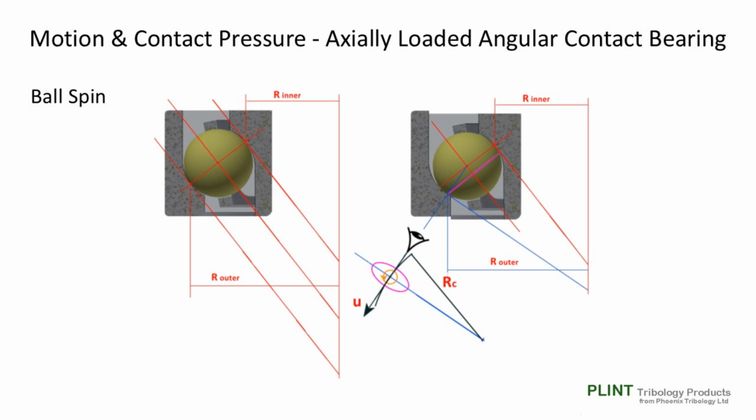For simplicity, I've only shown the point of contact moving on the outer race. However, in practice, R inner would increase as R outer decreases. What actually happens will depend on the frictional conditions, lubrication, distribution of loads, both applied, centrifugal and gyroscopic.